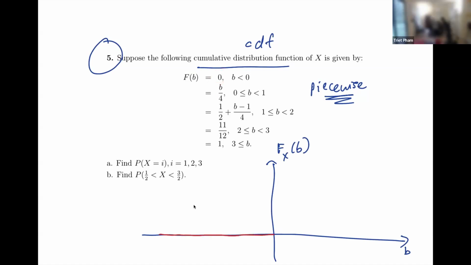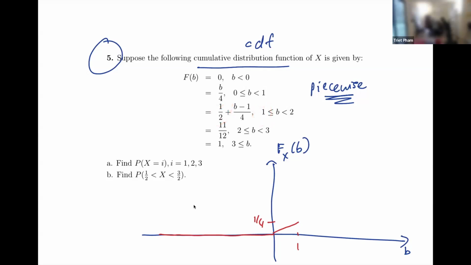And then at 0, it jumps to B over 4, from 0 to 1. So it goes to 1/4, like that. And then the value at 1 is 1/2.